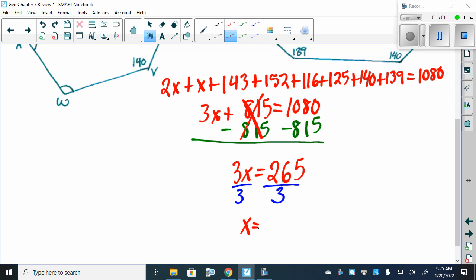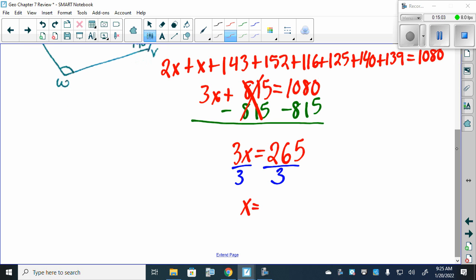x is going to equal, no, actually 88, because 8 times 3 is 24. 88 and a third.